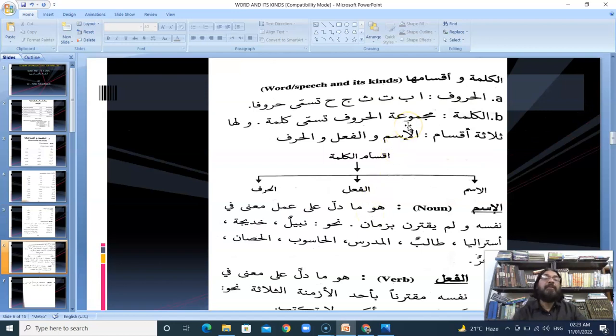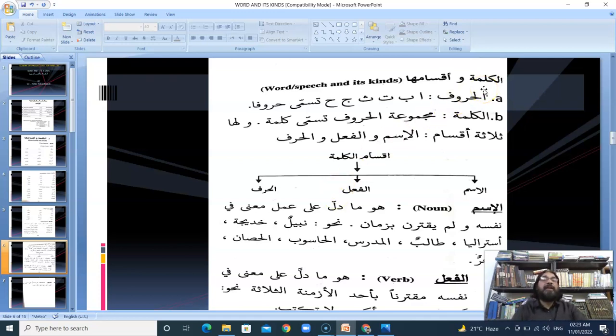Now here definitions are given for the kalima and the ism and the fi'l and al-harf, about which you have already been taught on the top pages.